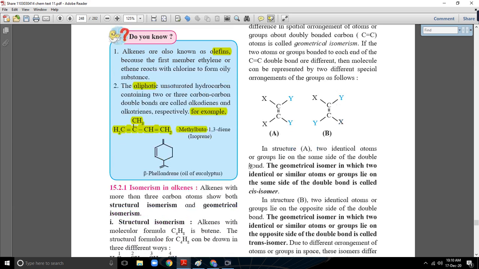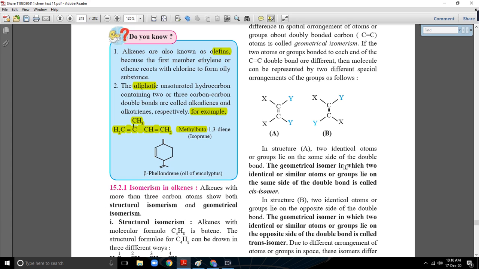In geometrical isomerism, on the C=C double bond, if 2 similar groups, Y and Y, are on the same side, it is a cis isomer. If 2 similar groups are on opposite sides, X opposite to X and Y opposite to Y, it is a trans isomer.